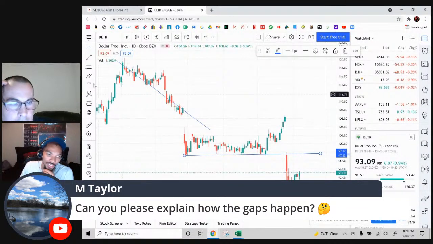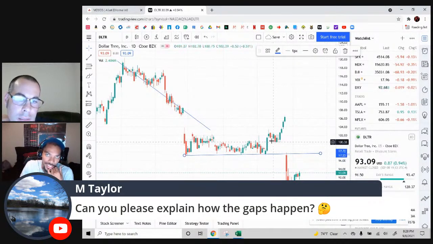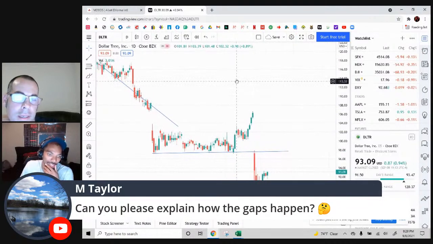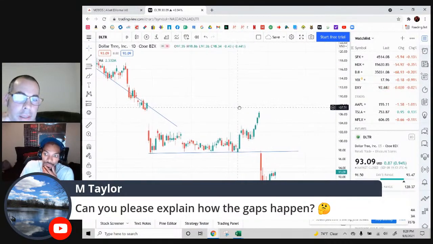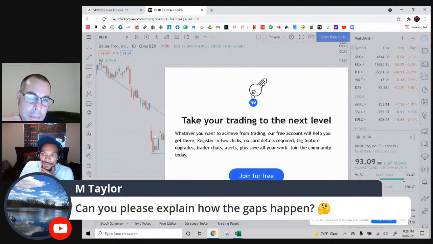But with the gaps, it gets a little tricky. I only know how to use a few technical indicators: the MACD, the RSI, and the moving averages. I'm going to learn more about it, and then I could explain it more on the live stream.